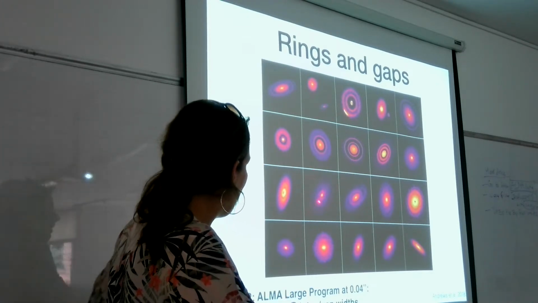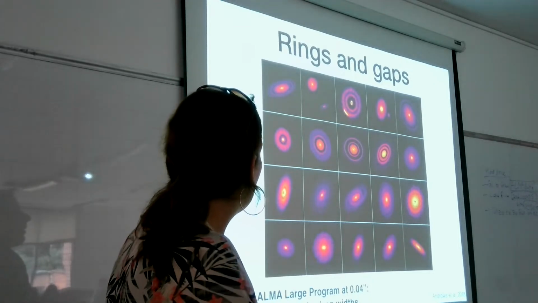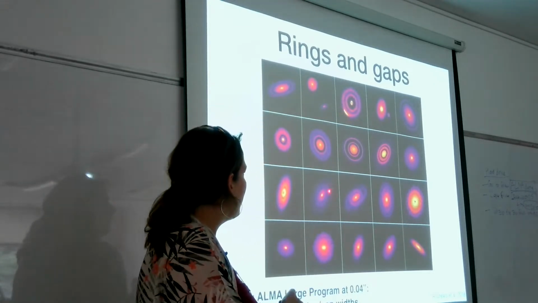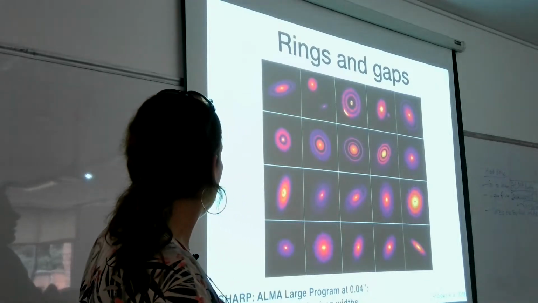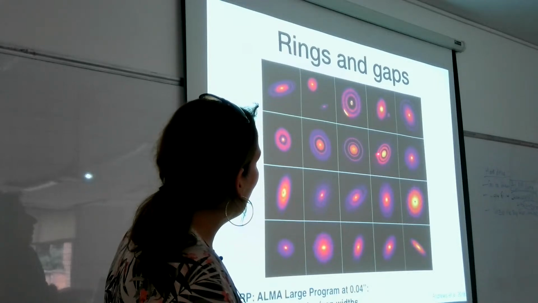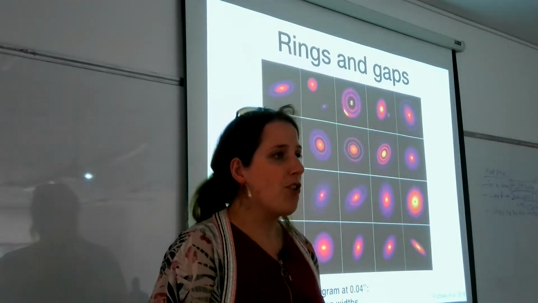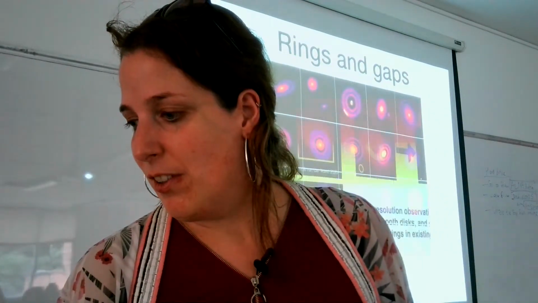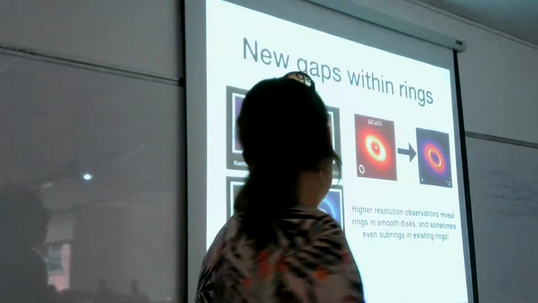This one shows a spiral arm, and over here a clump along the ring. And here's that disk that had that little wiggle here. So also in rings and gaps, we have a diversity of substructures.